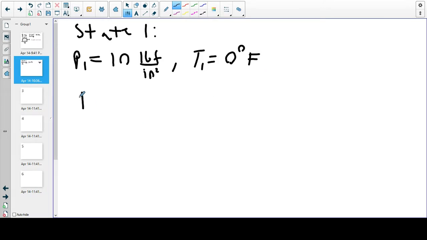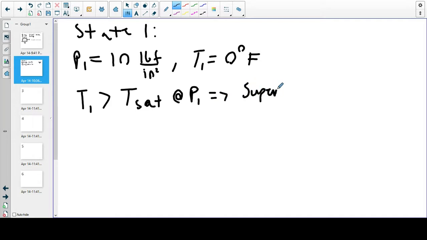Since we know these two values, we can fix state 1. We first have to find out where it's at. If you look in the table, you will see that T1 is greater than the saturation temperature at pressure 1, which means this is a superheated refrigerant, so we use the superheated tables.